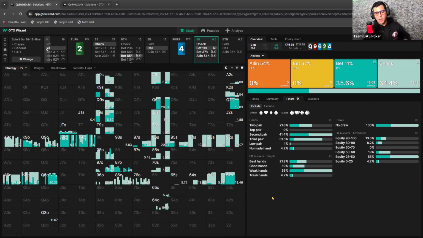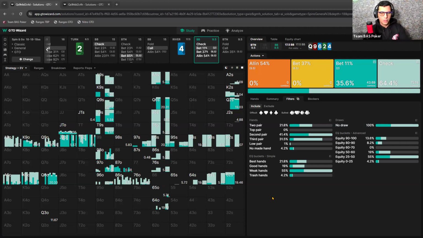Yeah, I agree. If you are doing this in an exploitative way, with the kind of block bet, not the balanced GTO one we talked about, that gives you the possibility to bluff plus value.